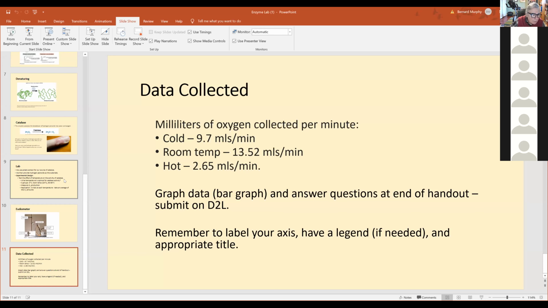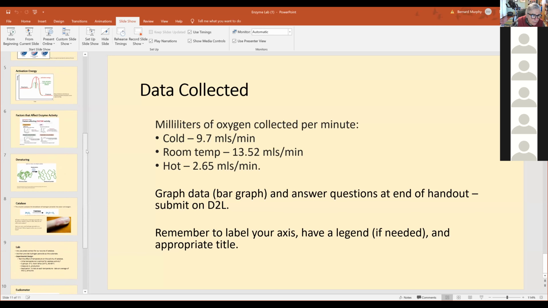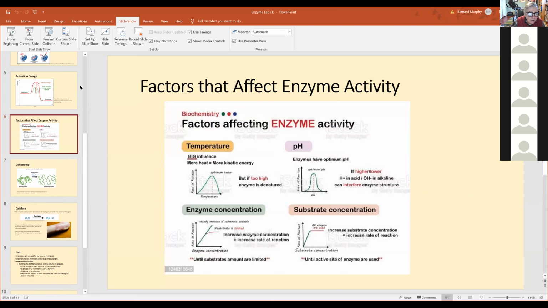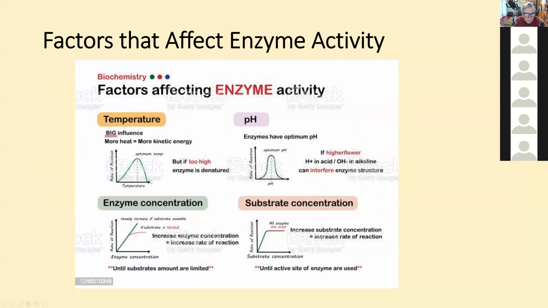Let me go back to here. And it shows a bell-shaped curve, actually, right here, factors that affect enzyme activity. Here, bell-shaped curve. There's an optimal temperature. Like all enzymes have an optimal temperature where they work best, right? And it falls off on the low side and falls off on the high side, but for different reasons.